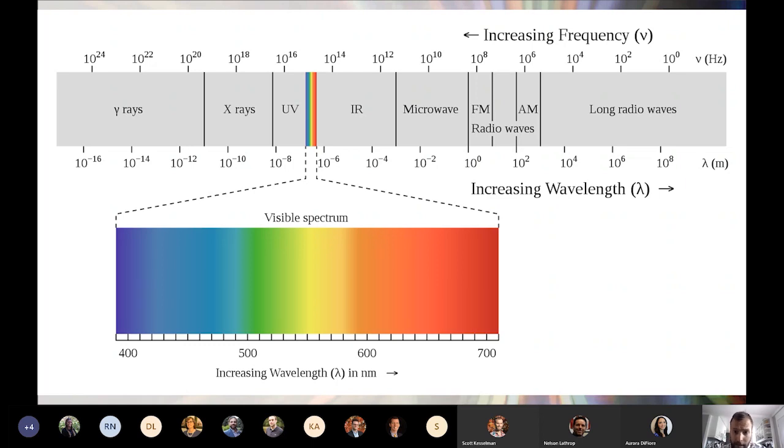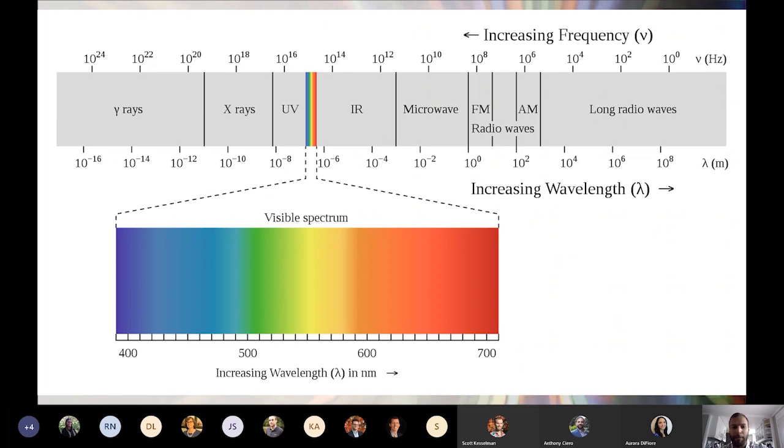That's all we can see, but there are animals that can see ultraviolet light or even into the infrared part of the spectrum. So infrared is below light, longer wavelengths. UV is at the higher end of our spectrum, ultraviolet beyond violet. That's higher frequency and then decreasing wavelengths.